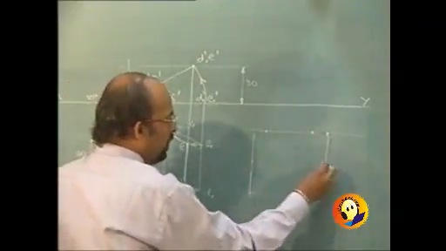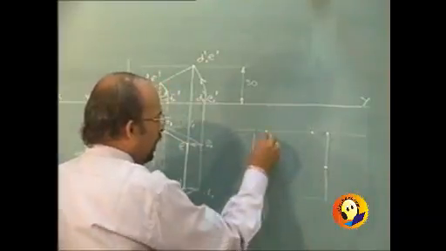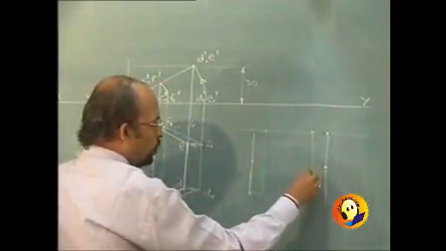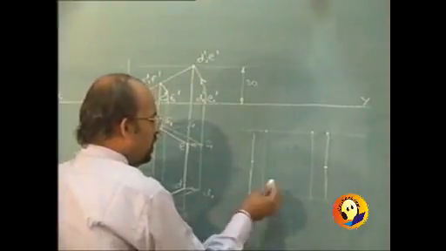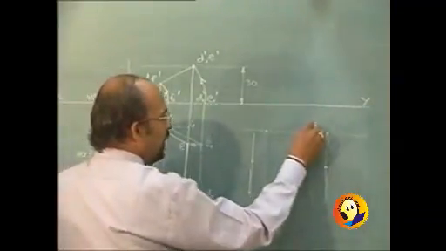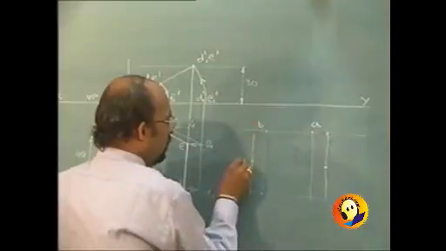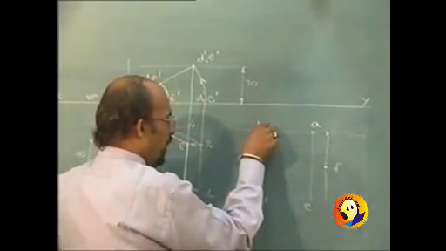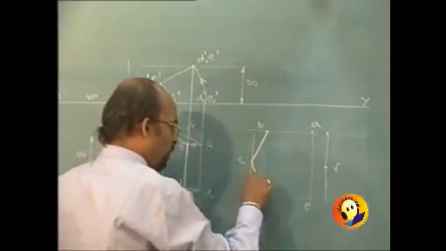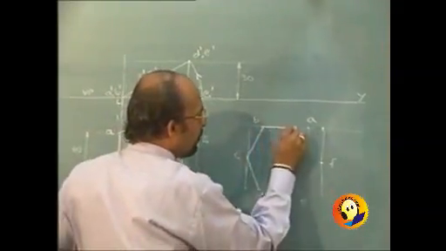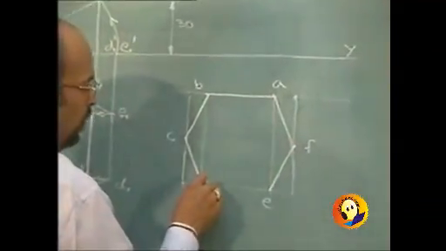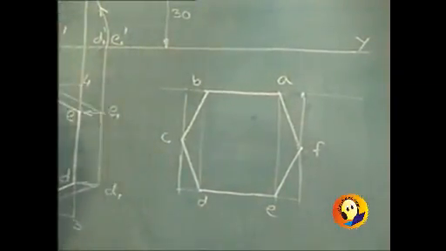You can mark the midpoints of that rectangle, and of course through the construction, through these parallel lines, you will get all the points like A, B, C, D, E and F, and join them to obtain the final plan with AB parallel to VP.